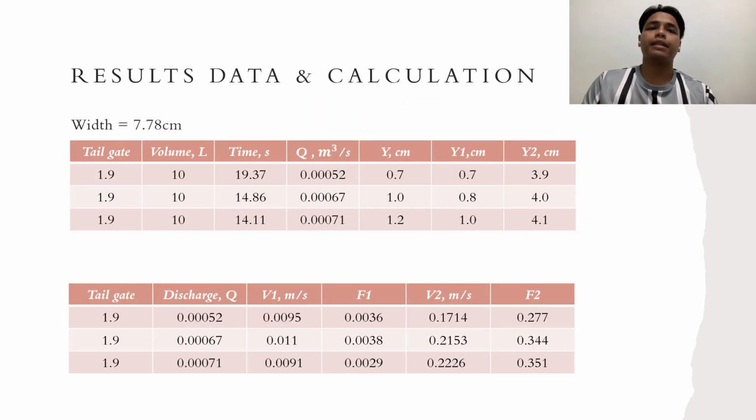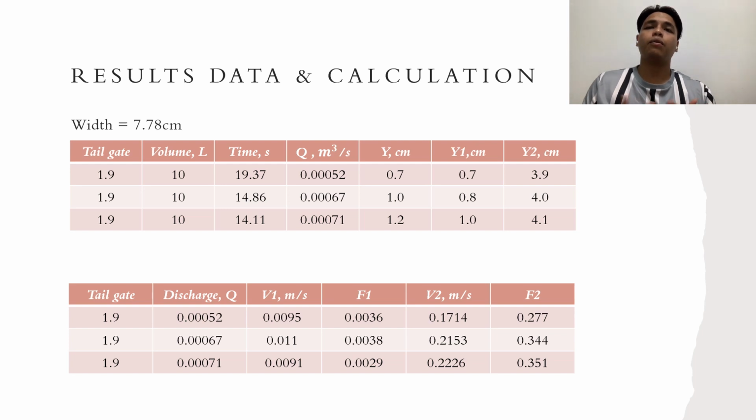Assalamualaikum warahmatullahi wabarakatuh. My name is Syami and I'm going to talk about the result for data and calculation. So firstly, we can get the width of the tank, which is 7.78 centimeter. Then we can get the discharge of the water by using the volume and time that we observe.